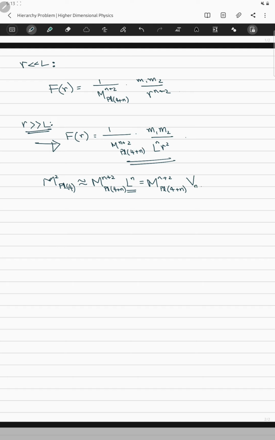Right, now the next thing is to get the value for the length of the extra dimension in terms of how many extra dimensions you have. So let's figure out how the length of the extra dimensions is related to the number of these compact extra dimensions. That's also very simple. If you take the nth root of the ratio of the 4D Planck scale and the fundamental scale, so let me write it down.